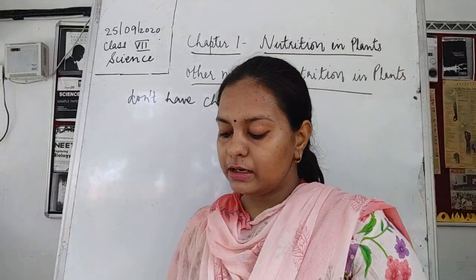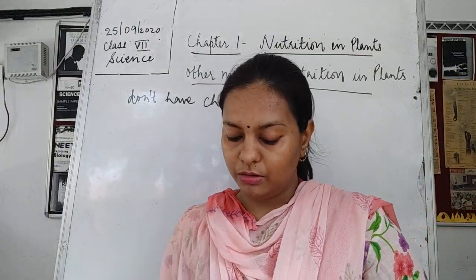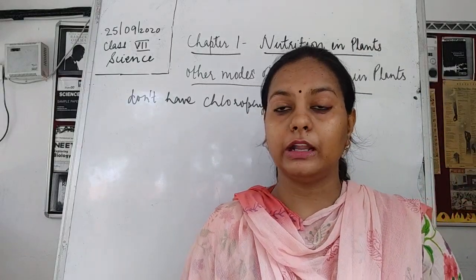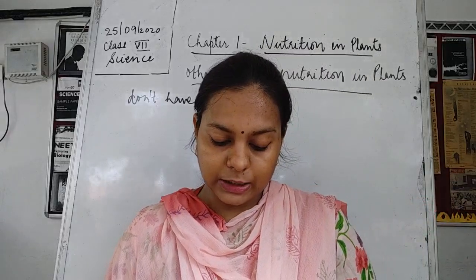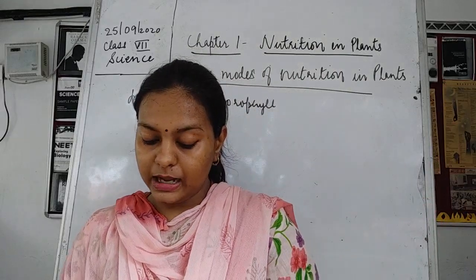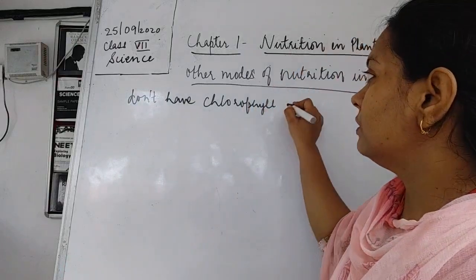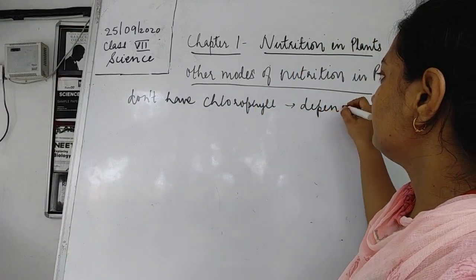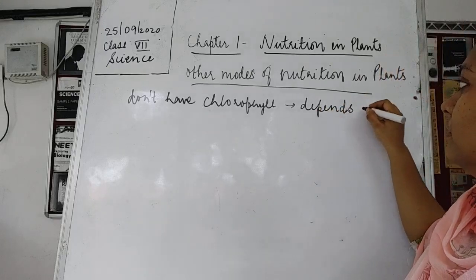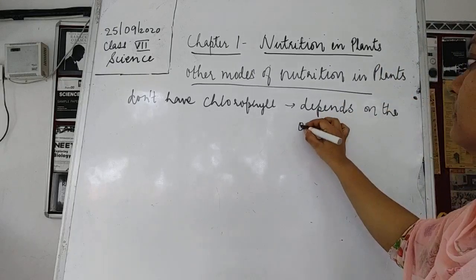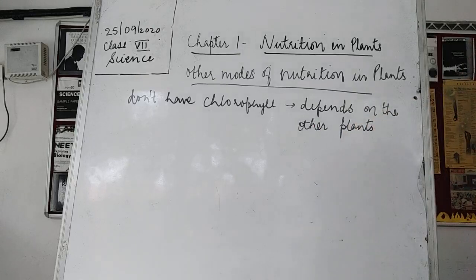So there are some plants which do not have chlorophyll. They cannot synthesize food, but they have to survive. Now how are they going to survive? Like humans and animals, such plants depend upon other plants for food.